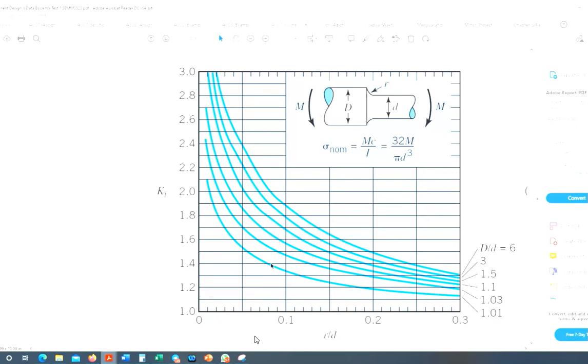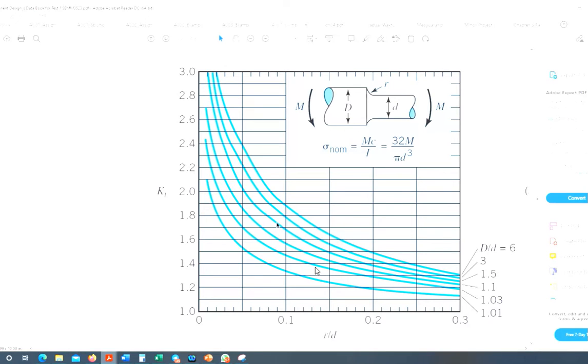Just go up, and this one is just a bit below. So you could take about 1.78 or 1.79. So take the third curve, 1.5.